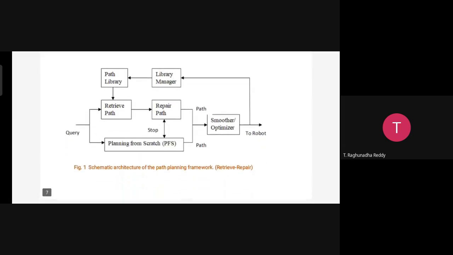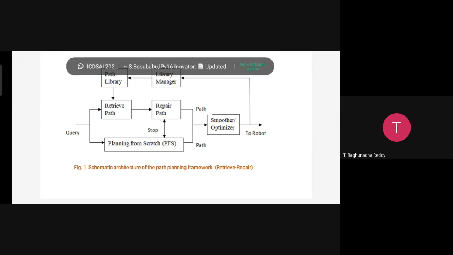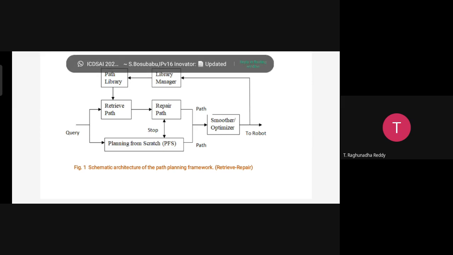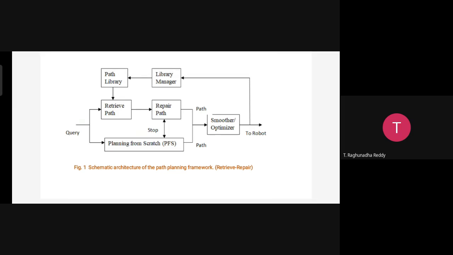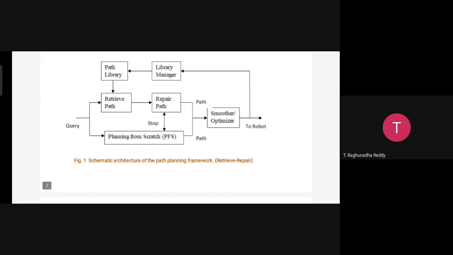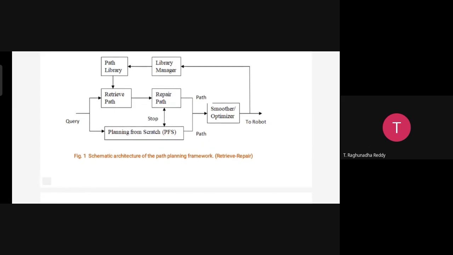Here the block diagram is given. It's a schematic architecture of the path planning framework. That means when we give some queries to a robot to work, we need to give the input properly, and even repair or retrieval of the data will be done by the robot itself.